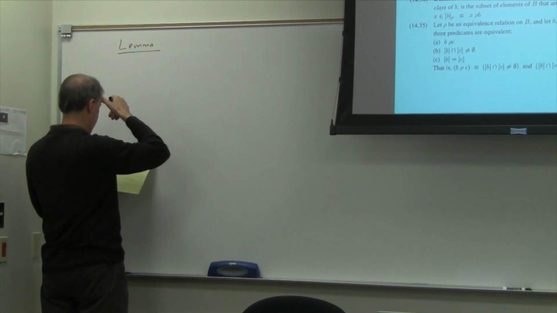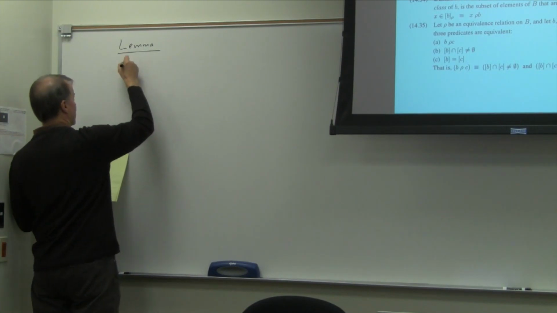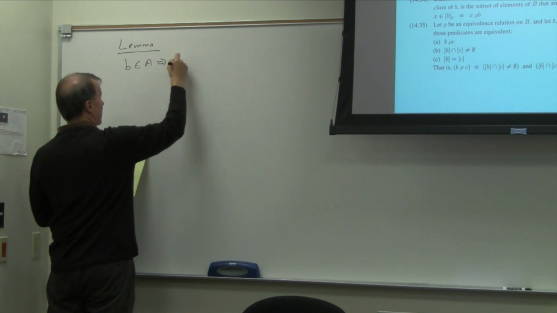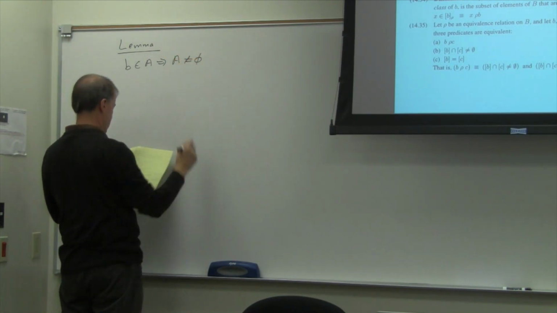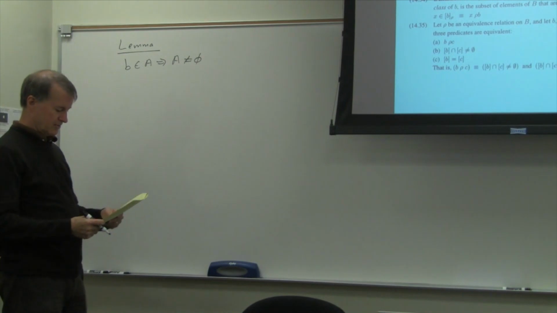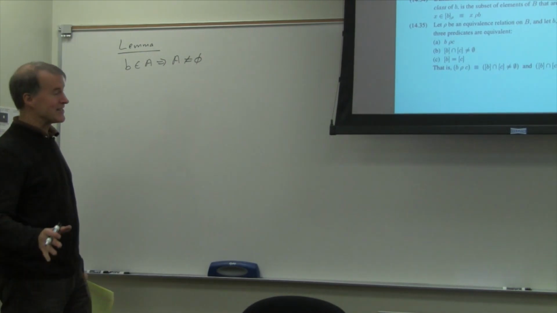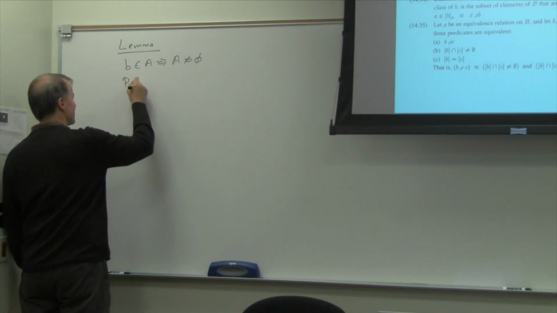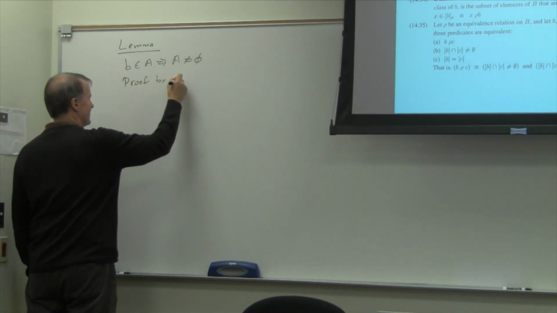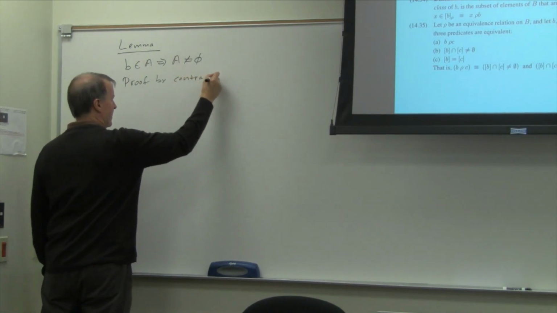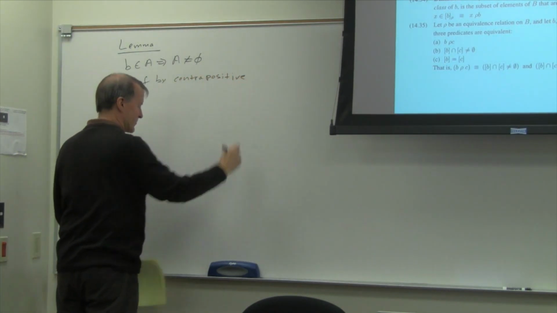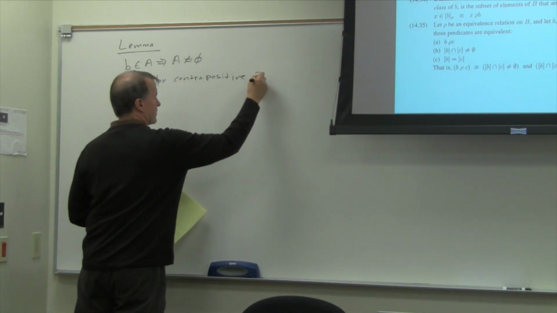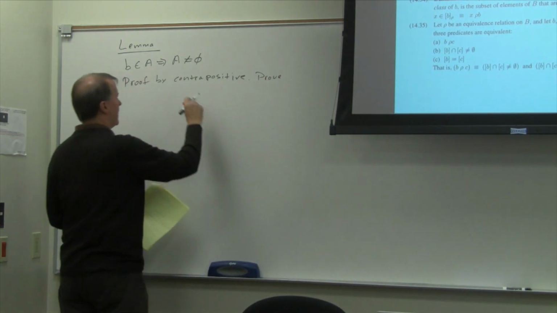So the lemma is this. We want to prove b is an element of A implies A is not equal to the empty set. And guess what we're going to do here? Another proof technique. Oh, this is such great proof techniques we're using. Yes, contrapositive. We're going to do proof by contrapositive. So let's write down the contrapositive.